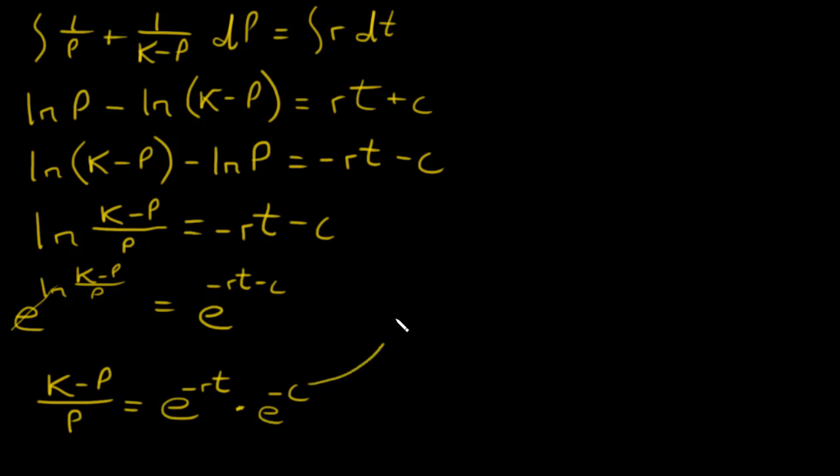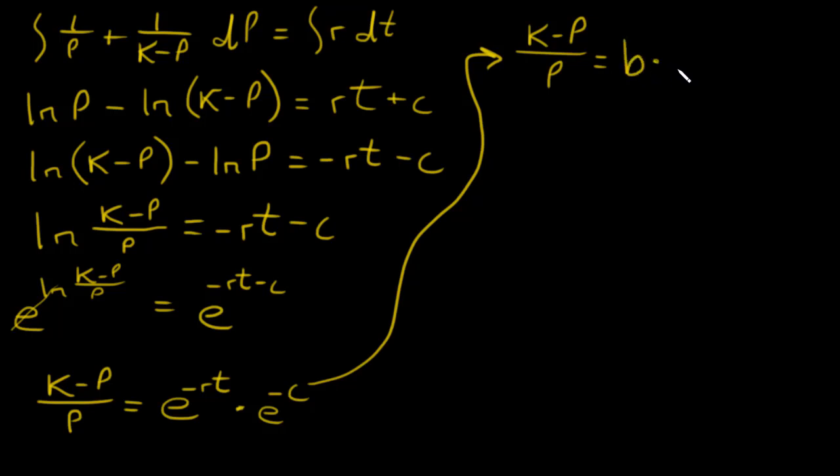Okay, now I can rewrite this e to the negative c as, oh, I don't know, maybe a b. Why not? So I'm going to have k minus p over p is equal to b times e to the negative rt.